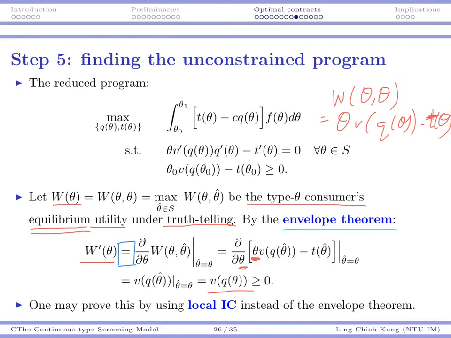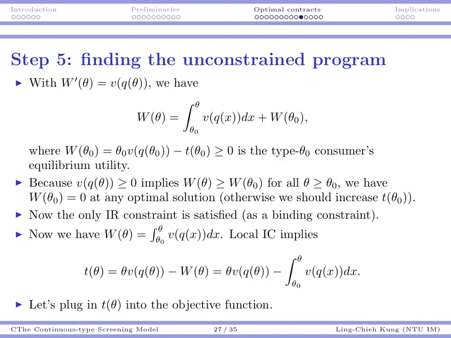Okay, so now we have this. Let's see how that can help us. Now you have this particular thing, right? What does that imply? That implies given any theta, I now can write down its equilibrium utility like this. Eventually, I have a base which is W of theta 0.